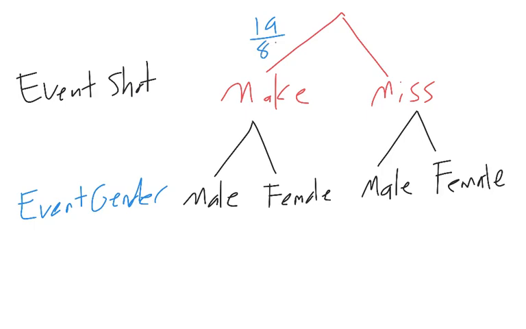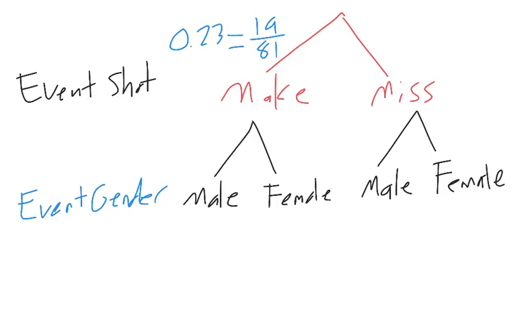And let's turn that into a decimal, because it's going to be a little easier to work with. 0.23. Does everybody understand where this number comes from? This is all of the makes divided by the total number of shots.